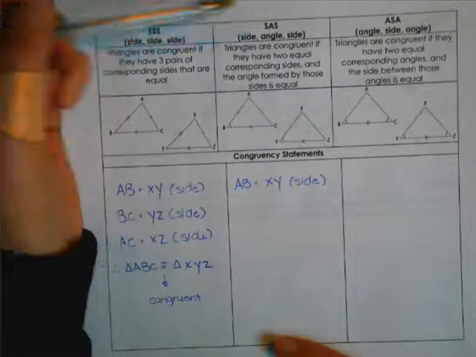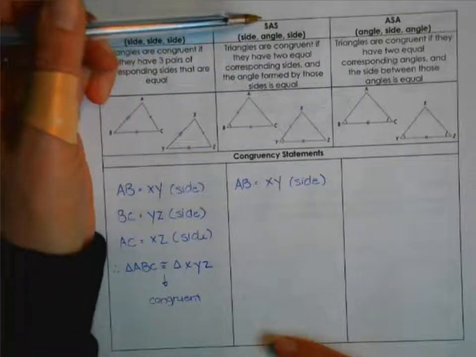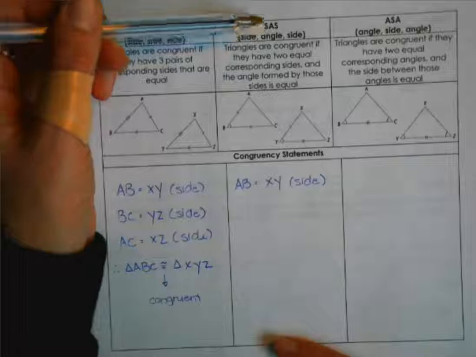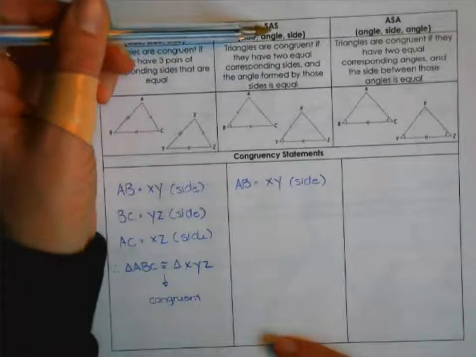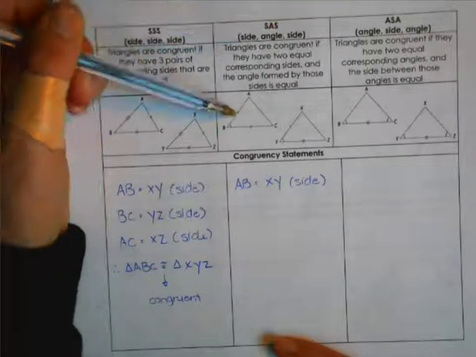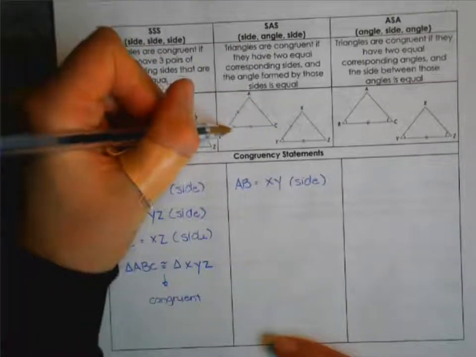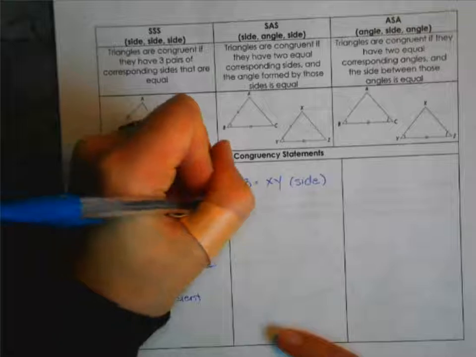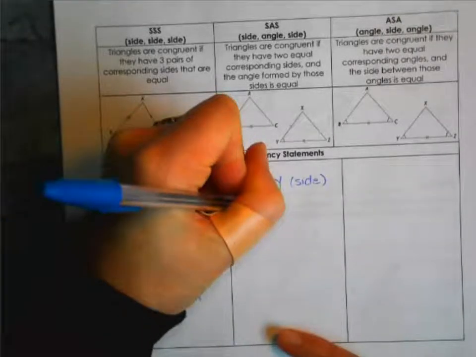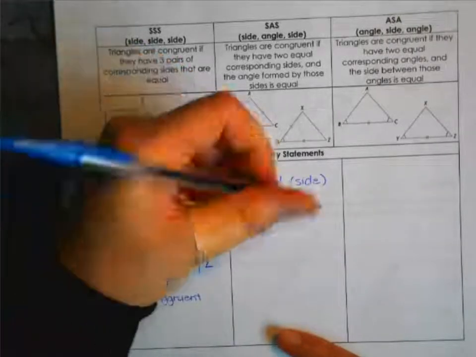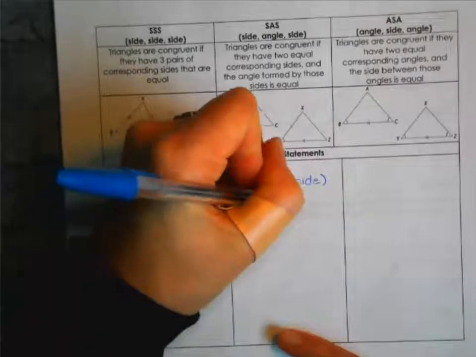This is why we set it up as SAS: two sides that are the same, the angle that's the same, then the side, in order as you're moving around the triangle. Okay, so now I'm going to say angle B is equal to angle Y, and that's my angle argument.